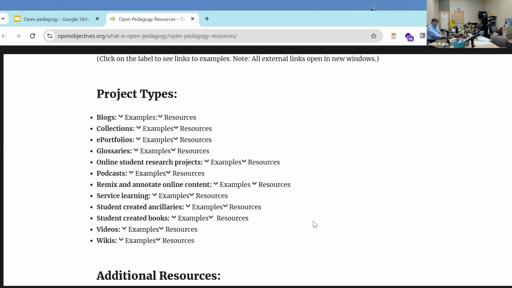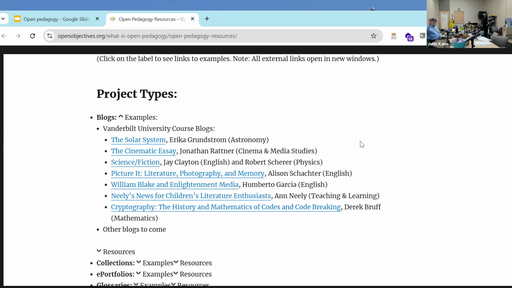But for each of these examples, I've attempted to provide some examples of projects and some resources. For example, for blogs, here are some blogs that were created by students in some of the classes at Vanderbilt, because back when Derek Bruff was there, as the director of the teaching center, they were doing a lot of blog projects.